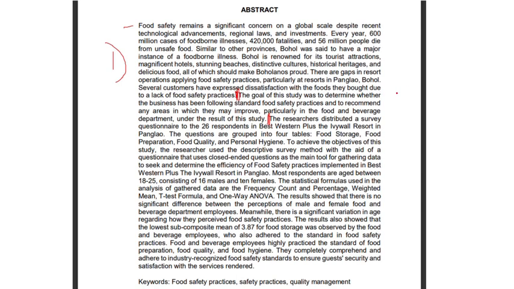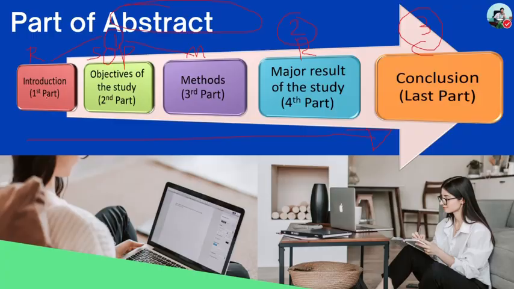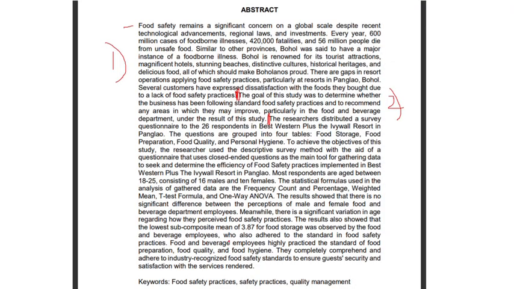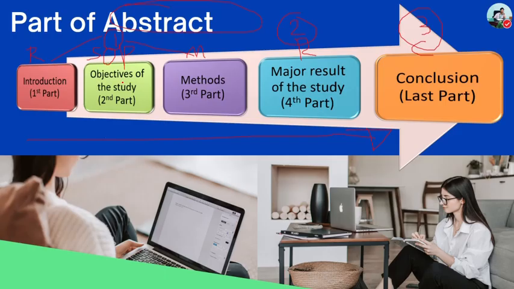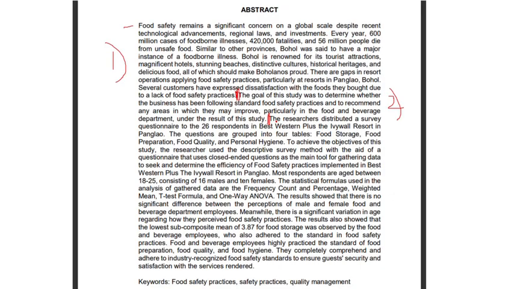So this is part 2. Again, part 1, introduction. Then part 2, objectives of the study. The third one is the methods. So we will find the methods starting from the researchers distributed the survey questionnaire to the 26 respondents until, we'll just read also.